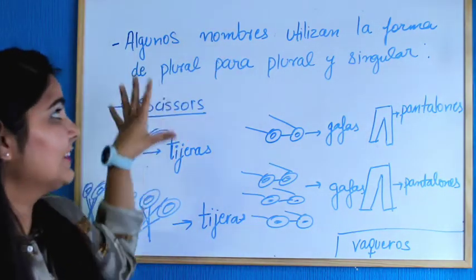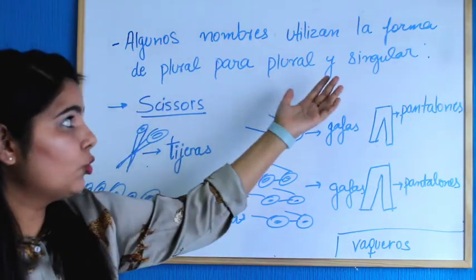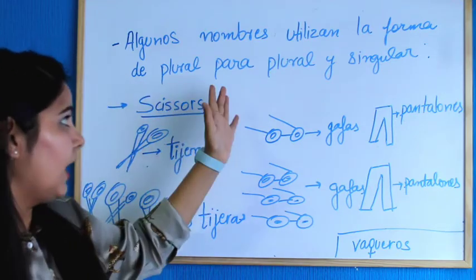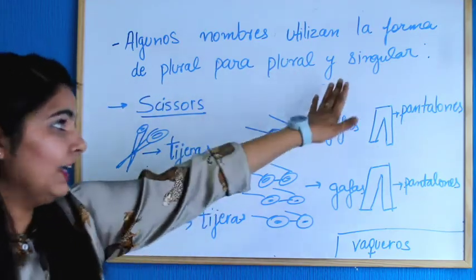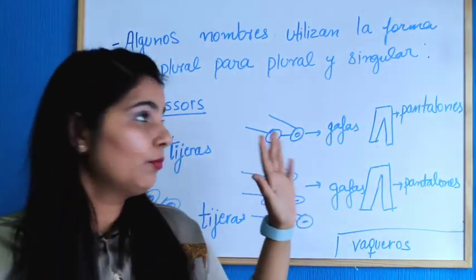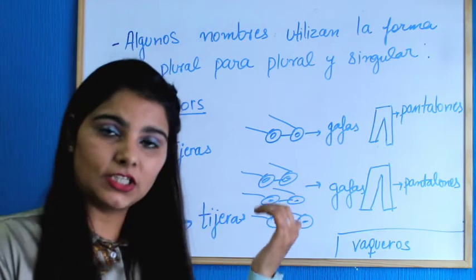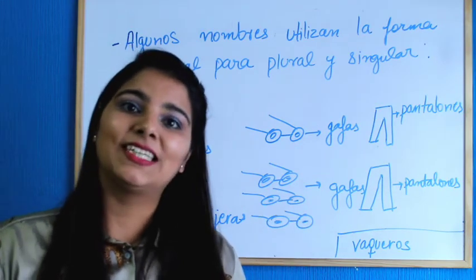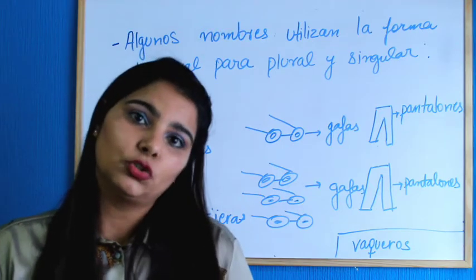Algunos nombres, that is some nouns, use la forma de plural, the plural form, for plural and singular. And in fact this rule is, I would say, the same as we do in the English language. If we have some nouns where the things always exist in pairs, we always use the plural form.